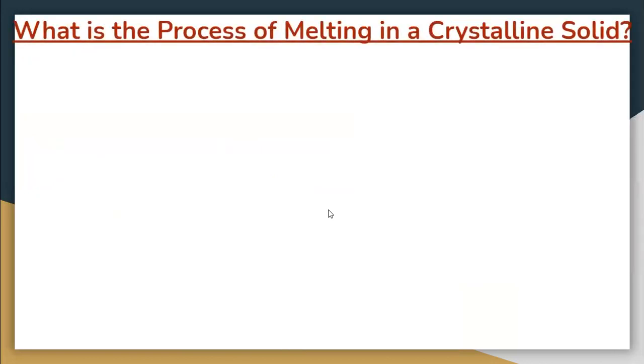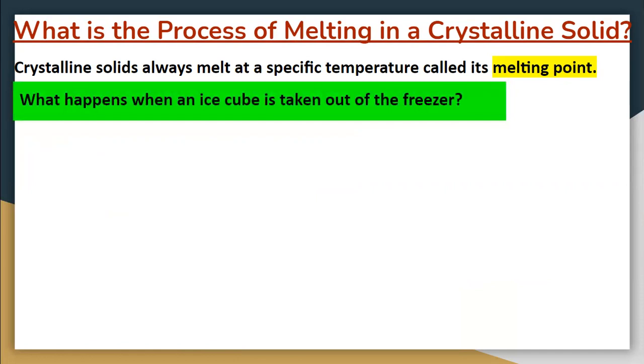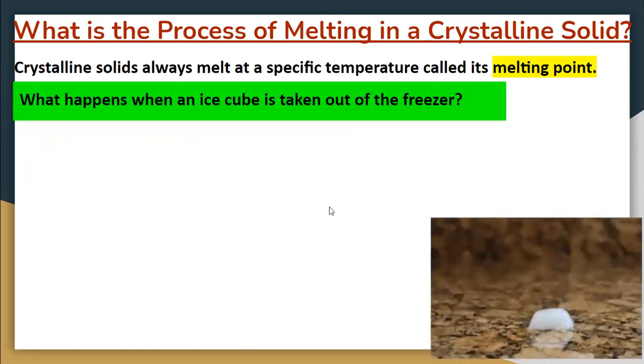What is the process of melting in a crystalline solid? Well, crystalline solids always melt at a specific temperature called their melting point. What happens when an ice cube is taken out of the freezer? You can see what's happening. It starts to melt.